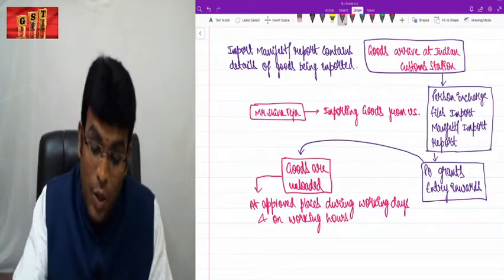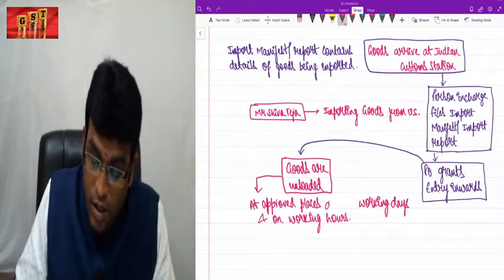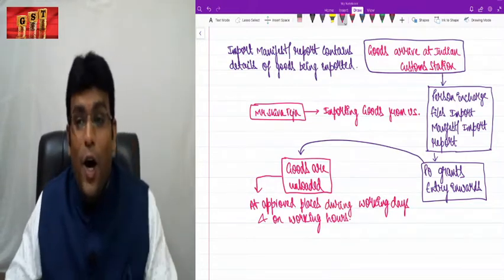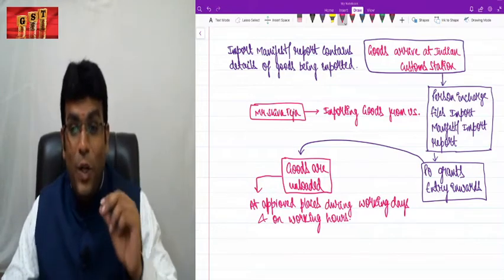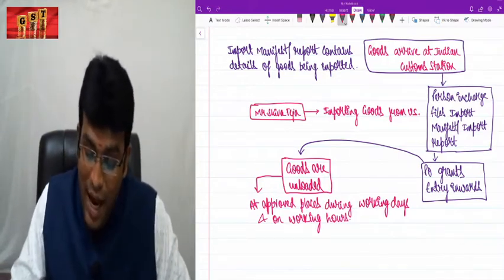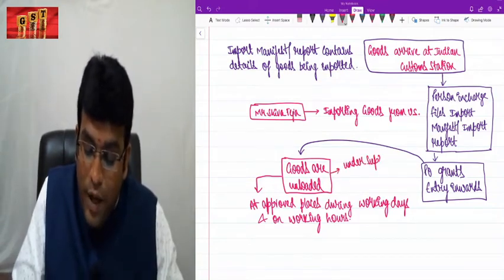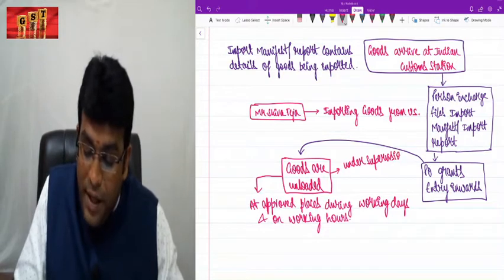That means they will do unloading only at approved places during working days and working hours. And this unloading they always do, my dear friends, under supervision of the proper officer.